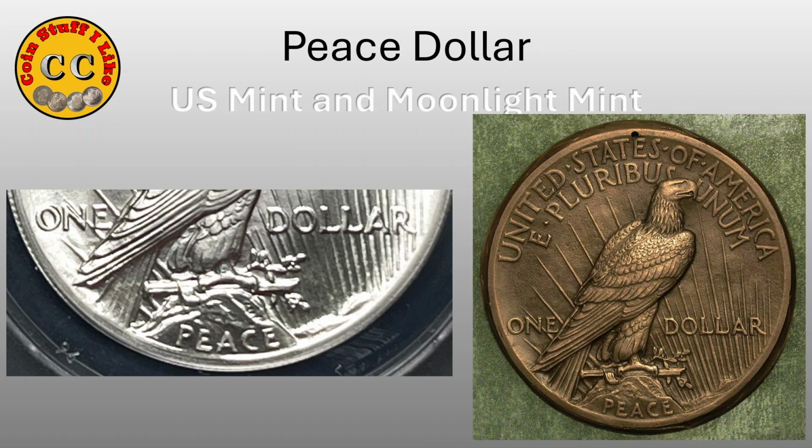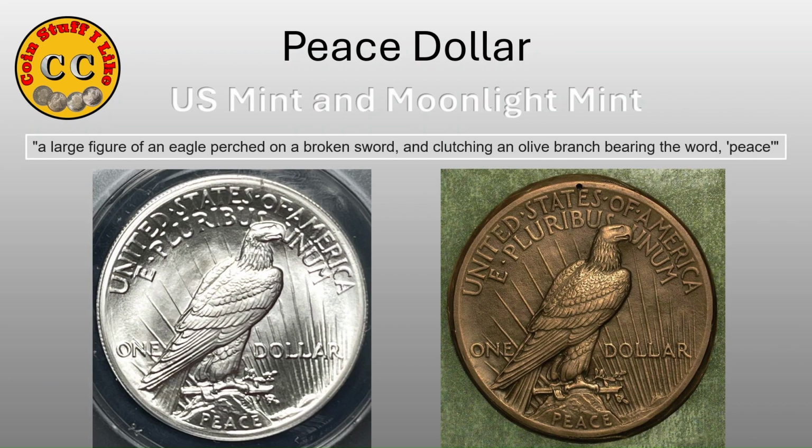They couldn't put images. So the original press releases described the reverse as a large figure of an eagle perched on a broken sword and clutching an olive branch bearing the word peace. All right, so that was what's in the original print.